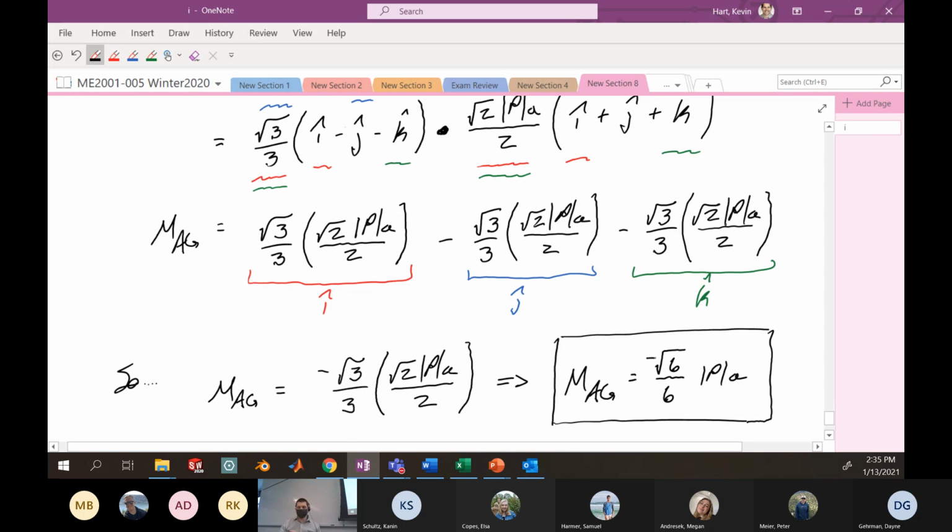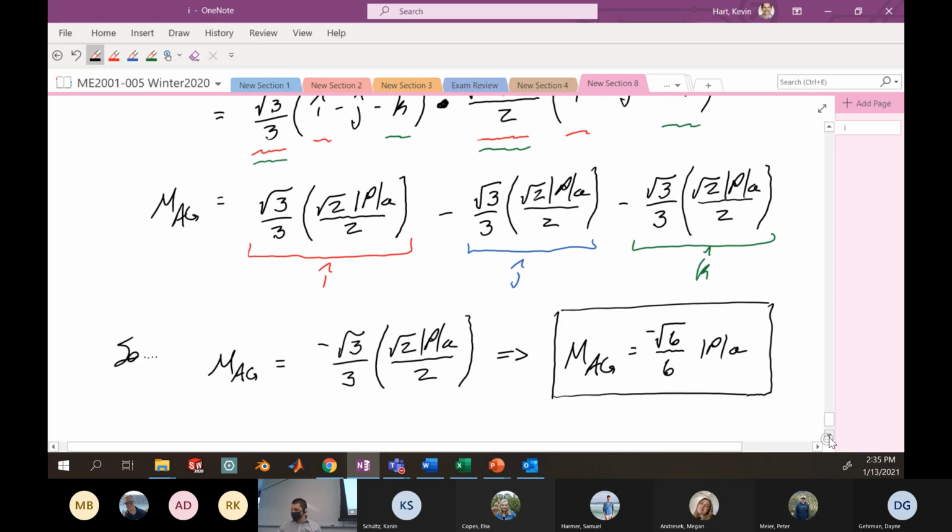The negative sign is just indicating which direction it's acting. So it's acting in the opposite direction that we drew our unit vector. So the magnitude would be root 6 on 6 P times A. Complicated.